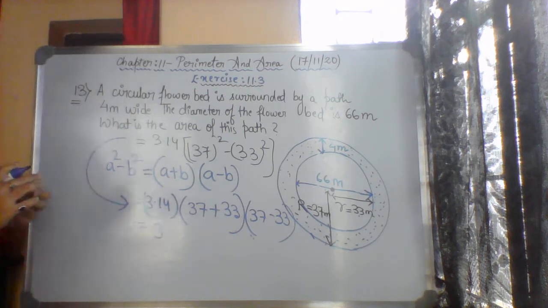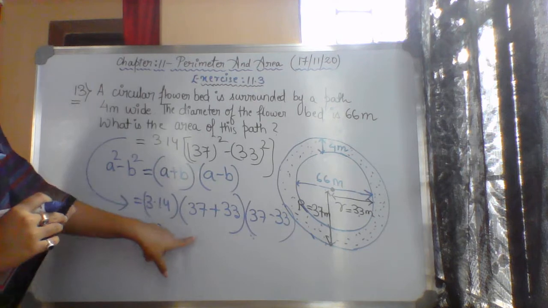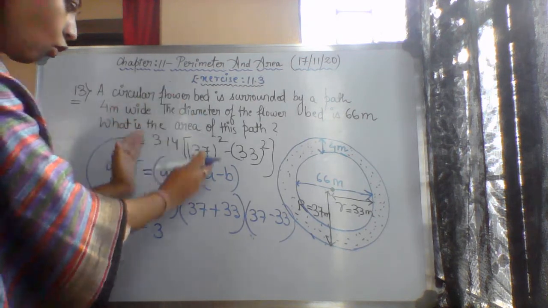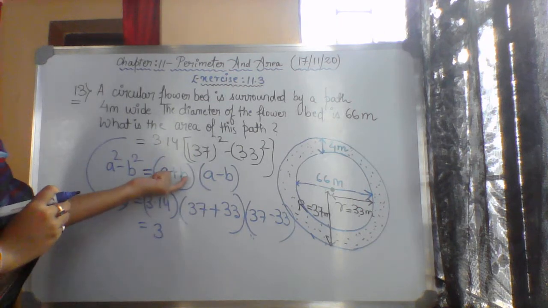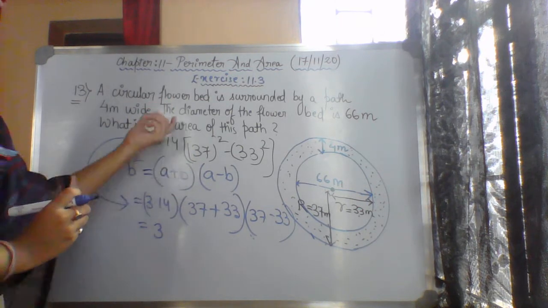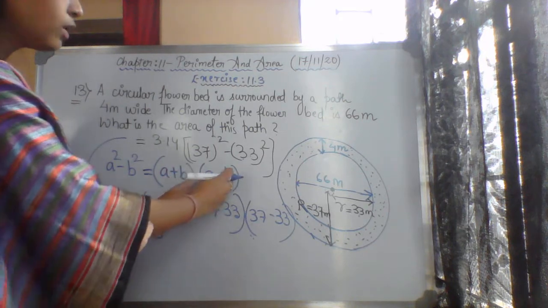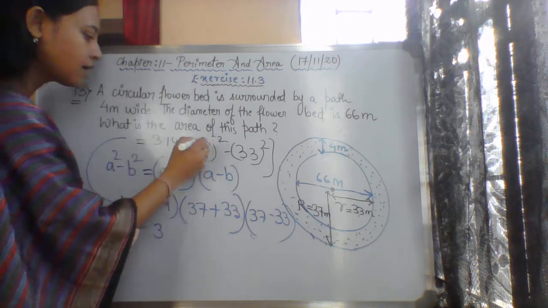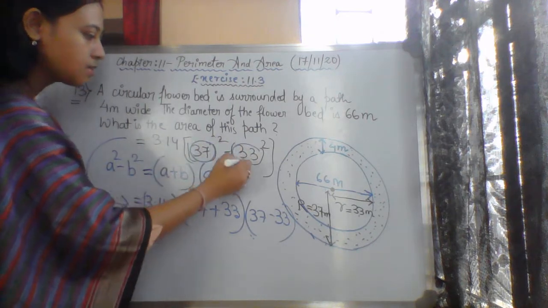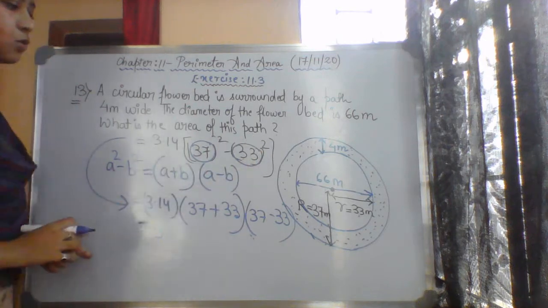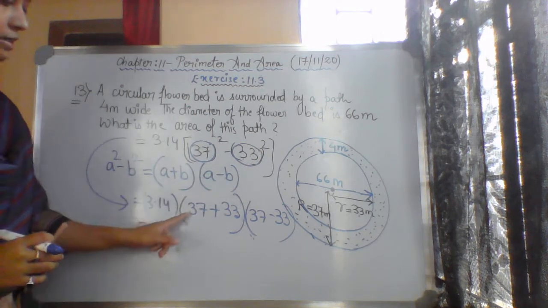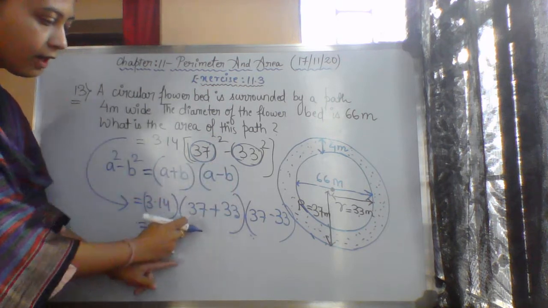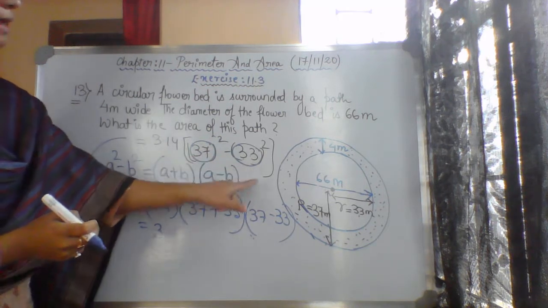I hope you have understood. For a square minus b square, first you find a plus b, multiply with the a minus b value. Our a is 37 and b is 33. So 37 plus 33 in bracket into 37 minus 33.